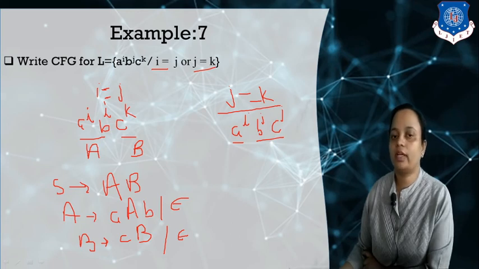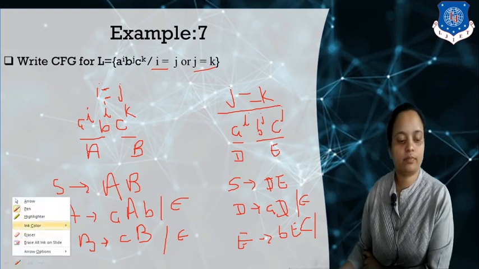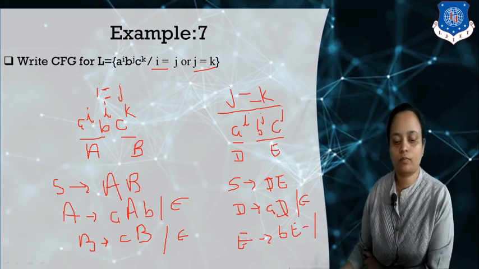For the different power, I write D and E, where D generates a star, and E generates an equal number of b and c. Sorry, this is small c.